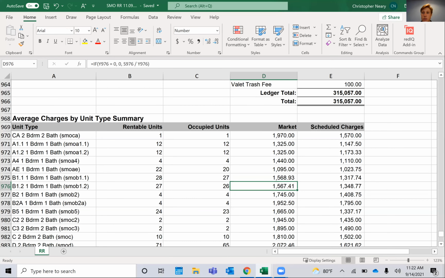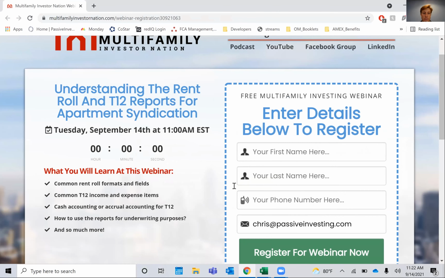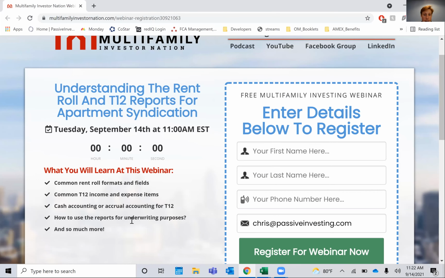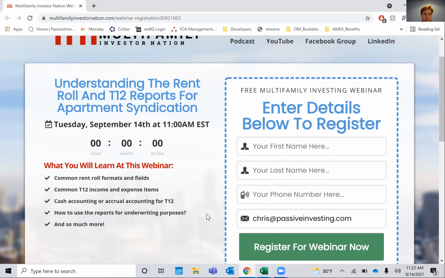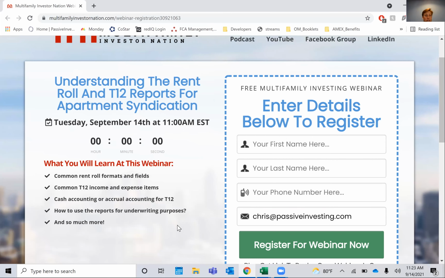Let's go back to this page here and let's go over some of these check marks here. So cash accounting or accrual accounting for a T12. Let me explain that.